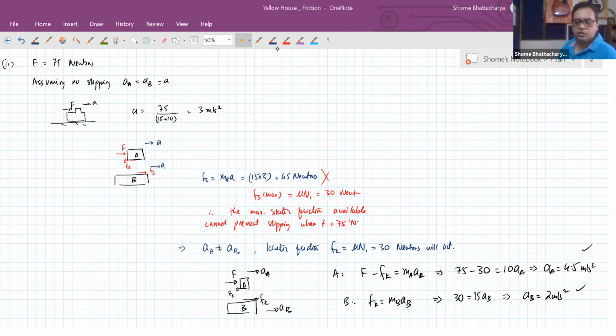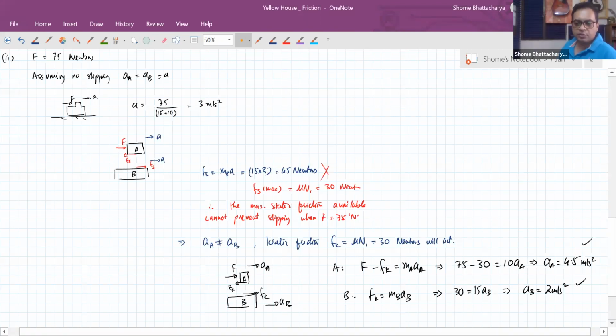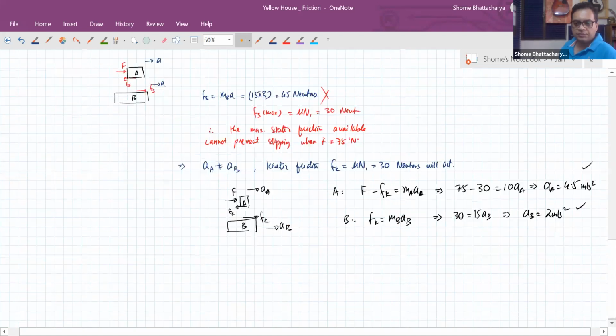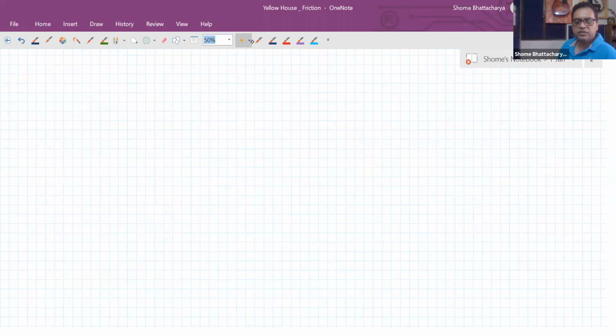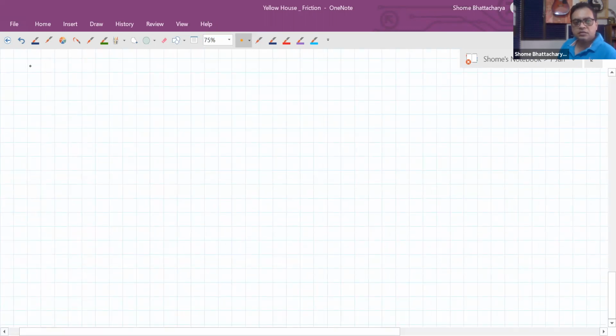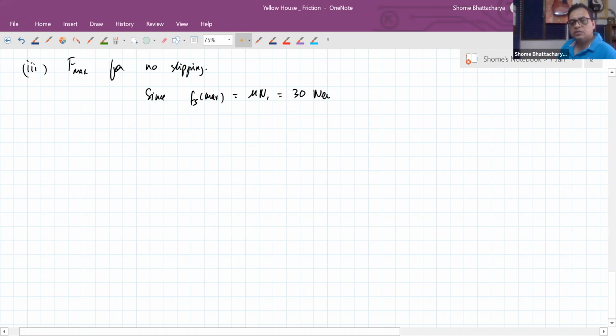Okay, so this part also itself gives you a hint about the maximum force you can apply. It gives in the hint in the sense that third part, when you want to calculate maximum force for no slipping, you can already understand that since maximum friction available is mu n1, which is 30 newtons.